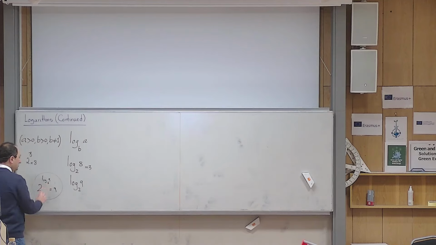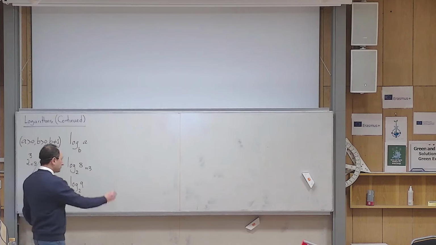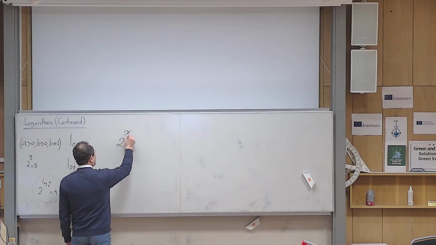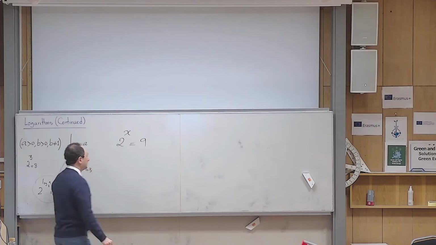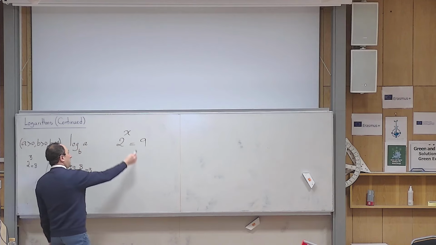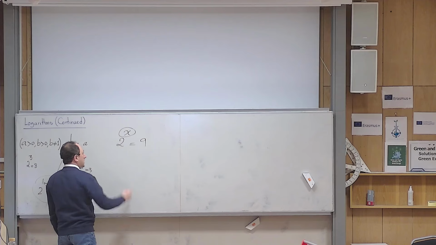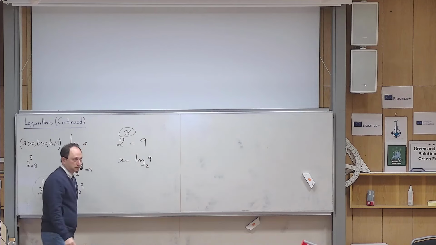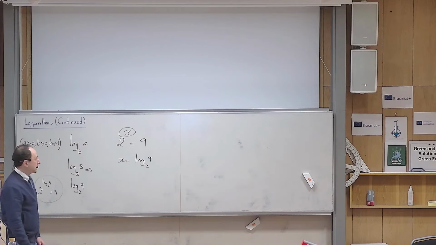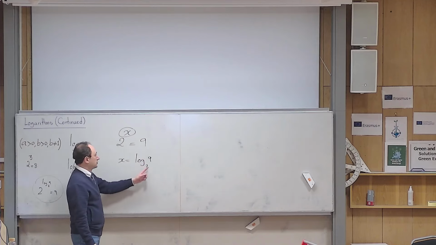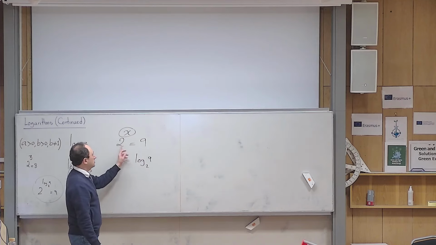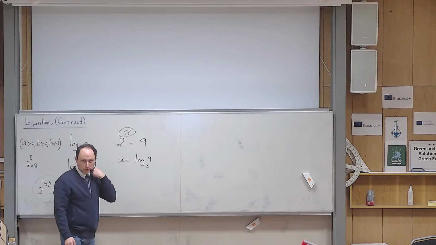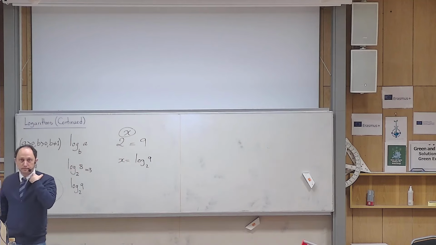So you see, if I give you this equation, 2 to the x is equal to 9, if I ask you what this x is, the answer is the logarithm of 9 in base 2. That's it. So if I ask you what is the logarithm of 9 to the base 2, you will tell me this is the solution to this equation. Yes? Is that understandable?